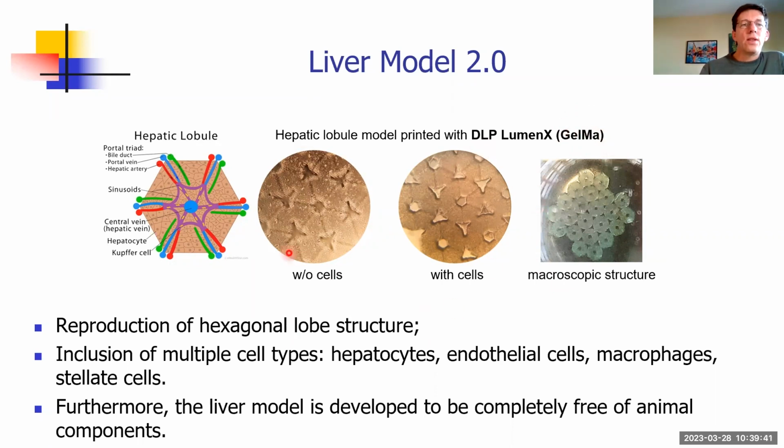And here you can see the natural structure of a hepatic lobule. It's a hexagonal structure. And with this high-resolution bioprinter, we can reproduce these hexagons. Here is a microscopic view and a macroscopic view. We can reproduce these hepatic structures at high resolution. What we currently do is that we include different cell types into our liver model as well.